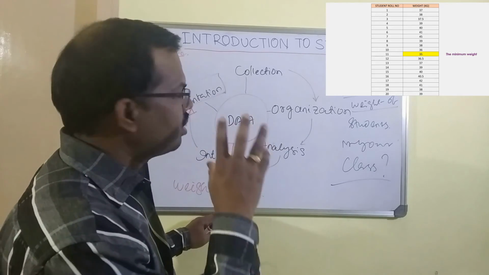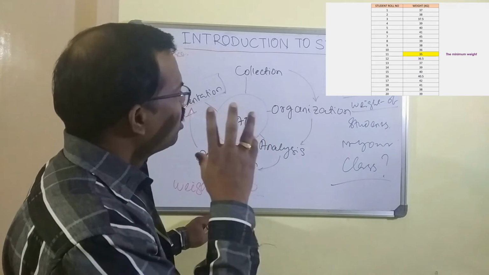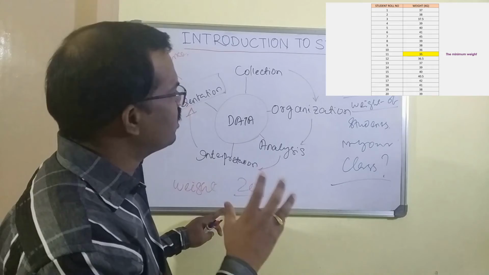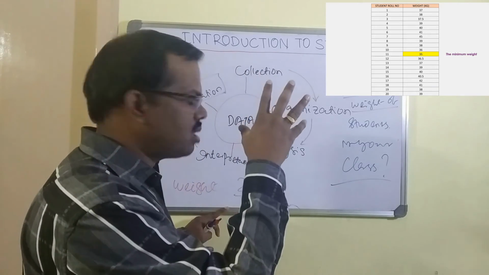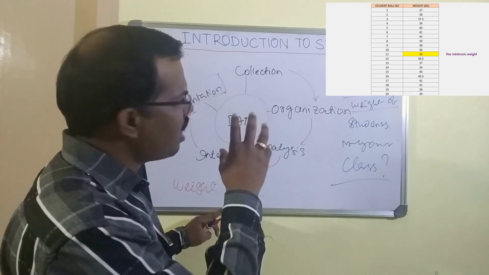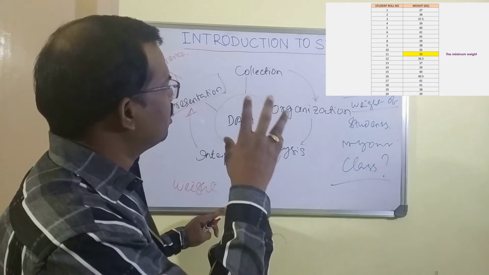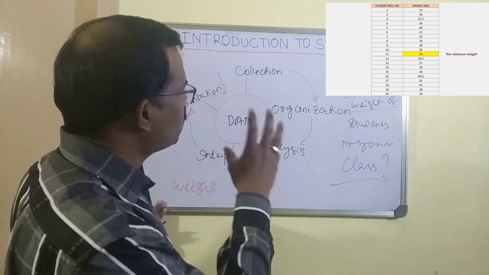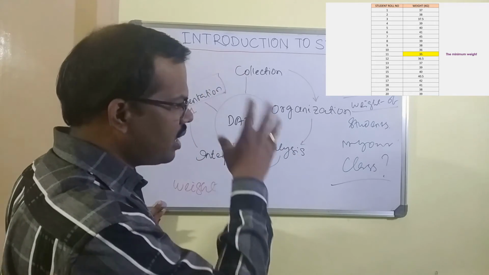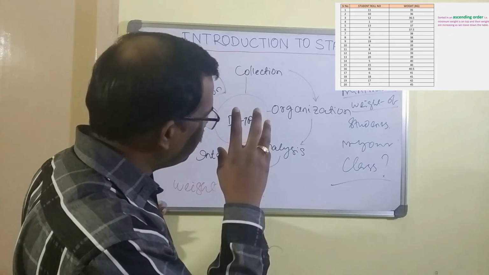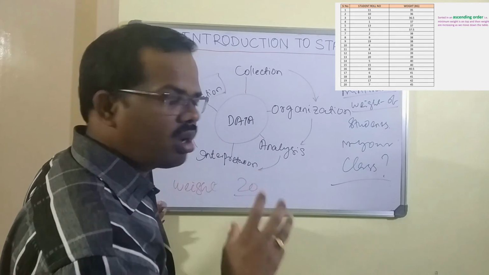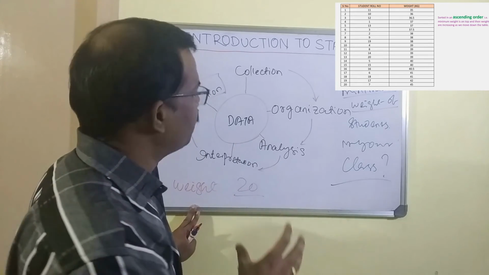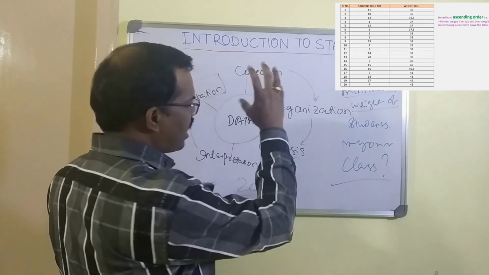Let's say here in this sample of 20 students, 35 kg is the minimum weight. So I am going to put the 35 kg on the first row, and say that the first row contains the 35 kg and the roll number of the student. Then I am going to type the next one, and similarly I will go on for the 20 students. So this is now in an ascending order. So what I did is I organized the data.